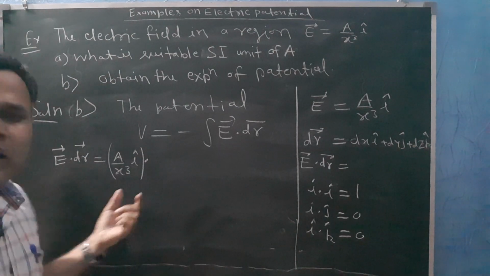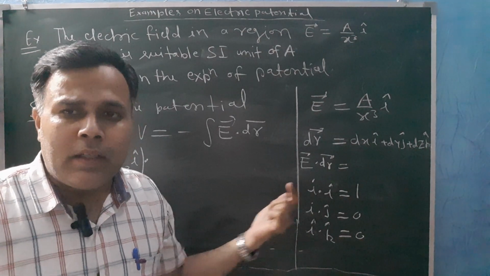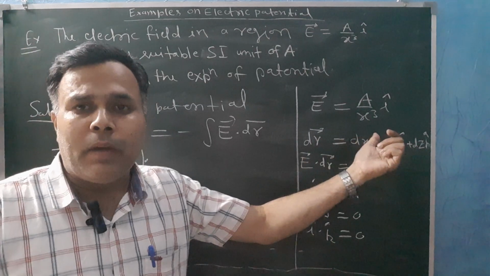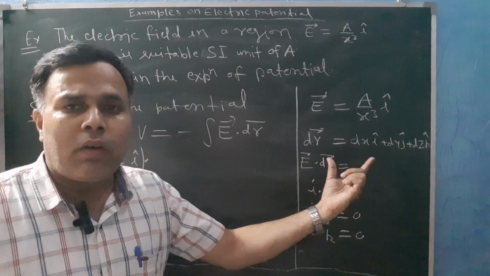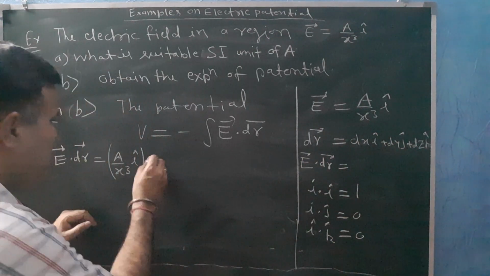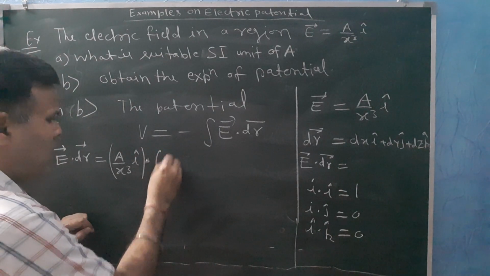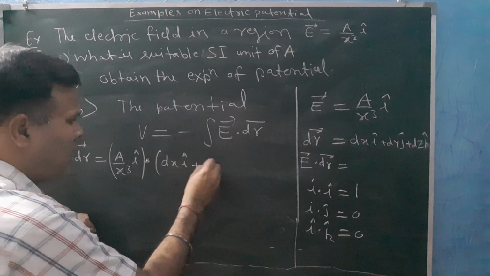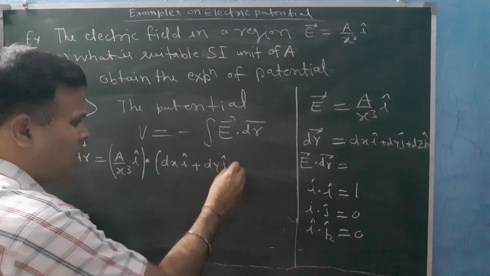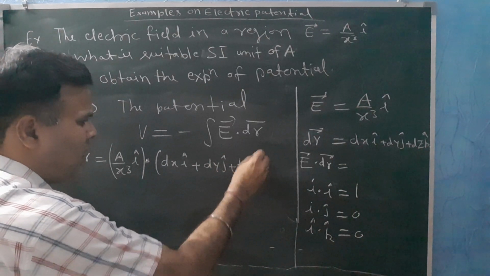This is simply the dot product of 2 vectors. E is the electric field vector and dr is another vector. So this is simply the dot product of 2 vectors whose outcome is dx i cap, dy j cap and dz k cap.